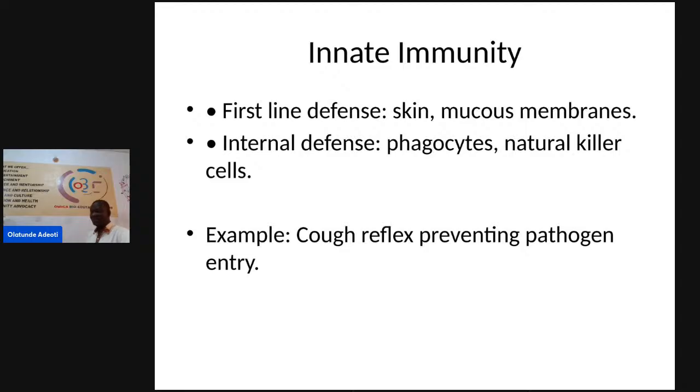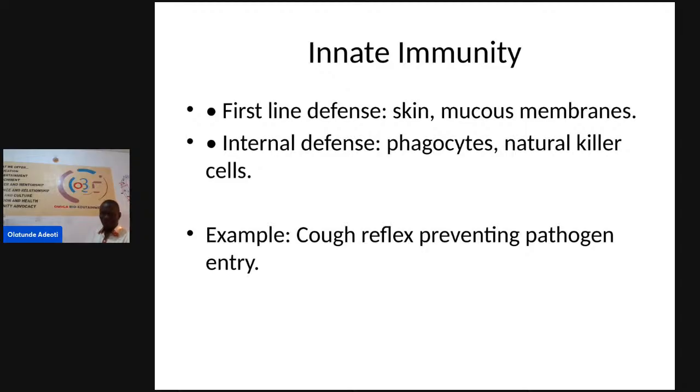That means the innate immune system can be divided into two: the first line, which is external, and another one, which is internal, the phagocytes. Phagocytes are professionals.